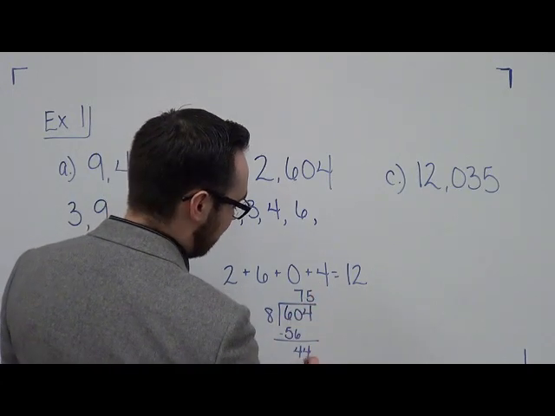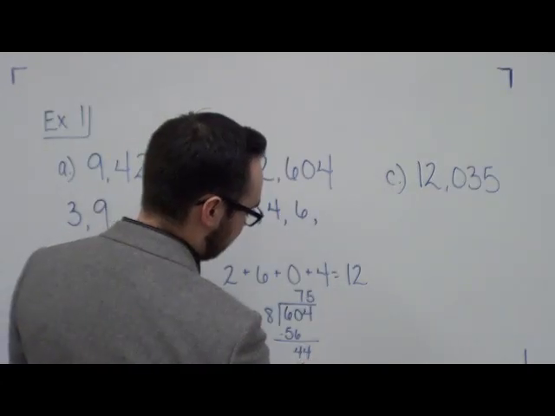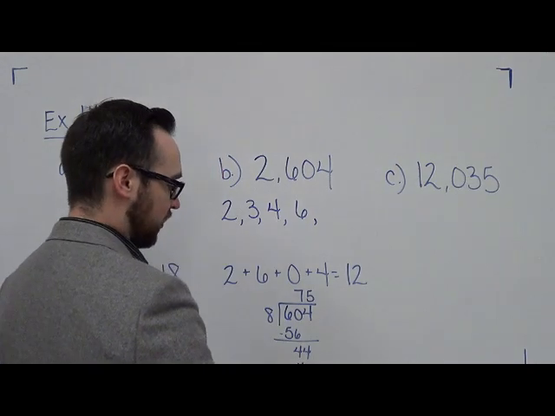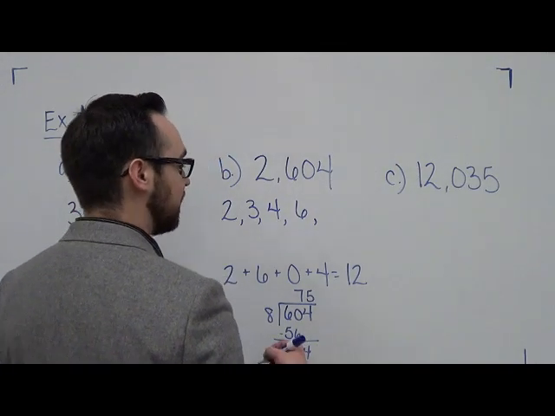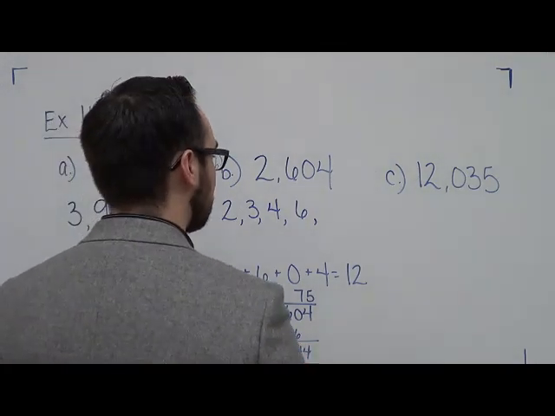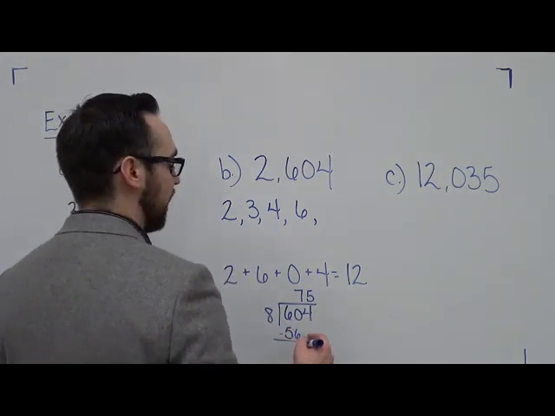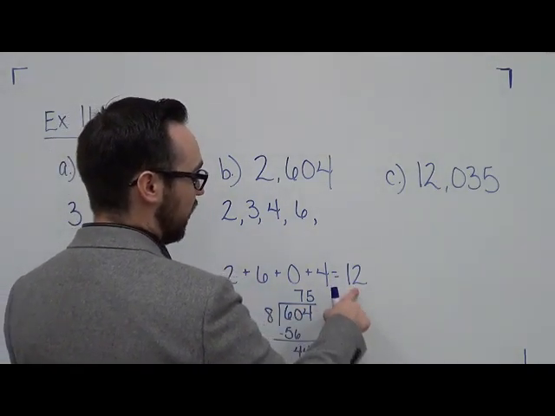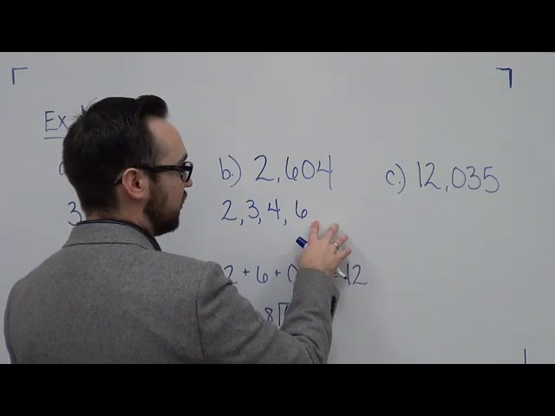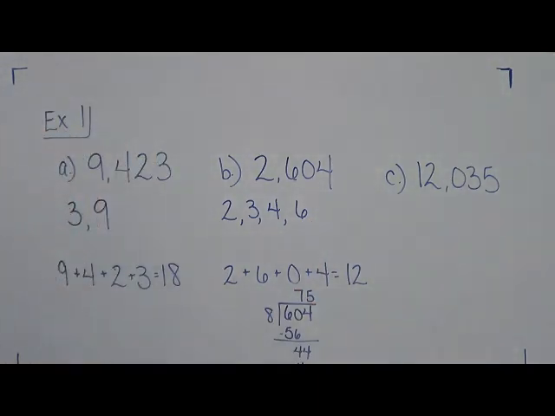Does not evenly go in there. Since it doesn't evenly divide out, it is not 8. And if we add these up, we got 12, which 9 does not go into, so it is not divisible by 9. It doesn't end in a 0, so it is just 2, 3, 4, and 6.